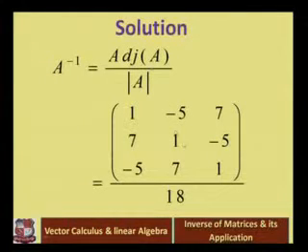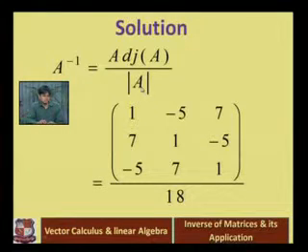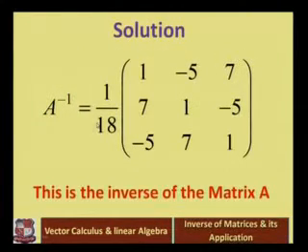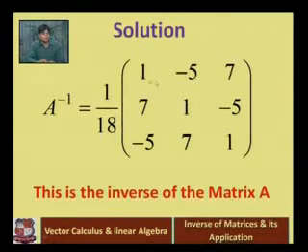Put this value in adjoint of A, and upon determinant of A, that we already found, that is 18, and the resultant A inverse is nothing but 1 upon 18 into the whole matrix 1 minus 5 7, 7 1 minus 5 and minus 5 7 1.